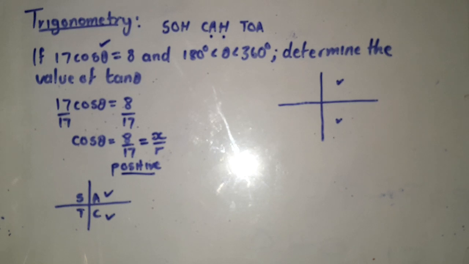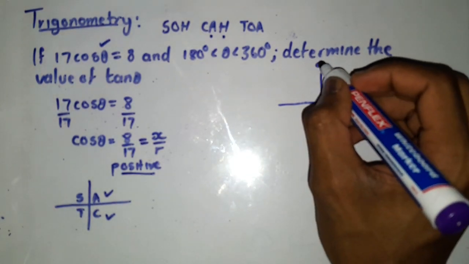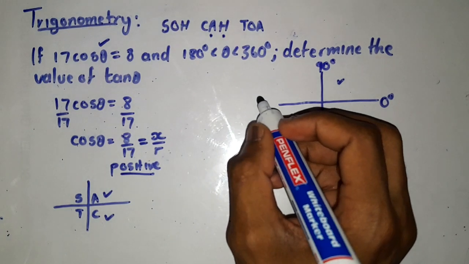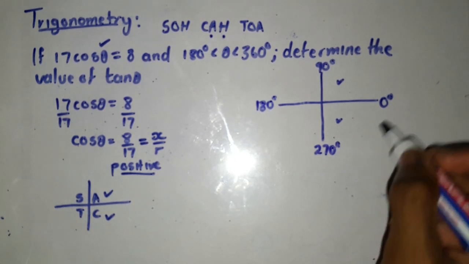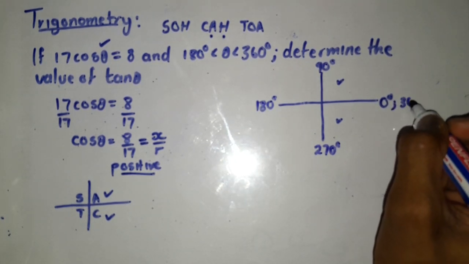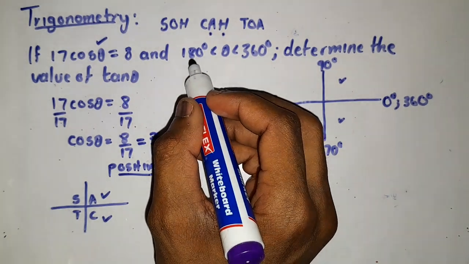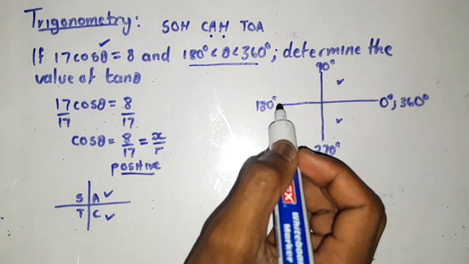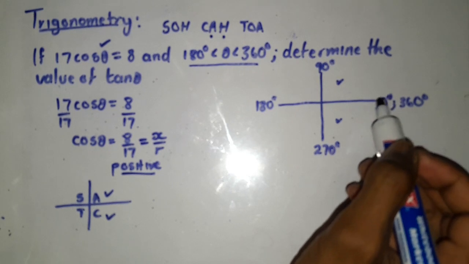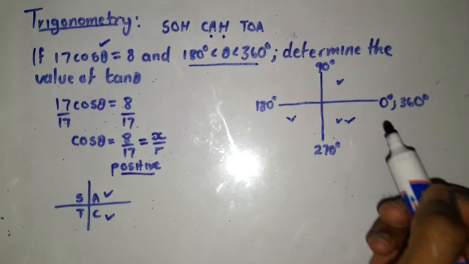We have managed to use this equation. Now, let us move to the inequality. At this point we have 0 degrees. Here we have 90. Somewhere here we have 180, 270, back again to 360. The given inequality clearly says from 180 till 360, so we are going to tick this one and also this one.